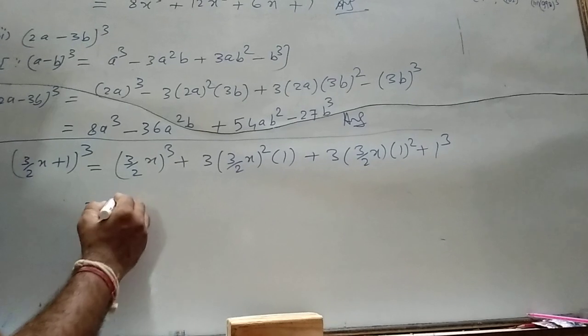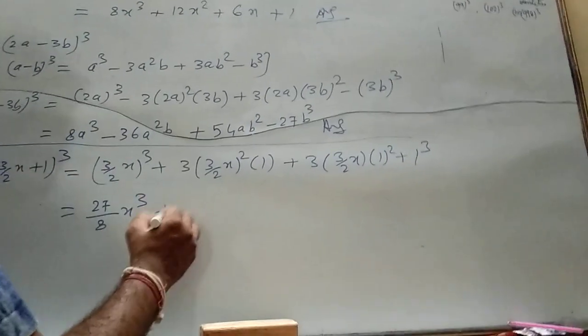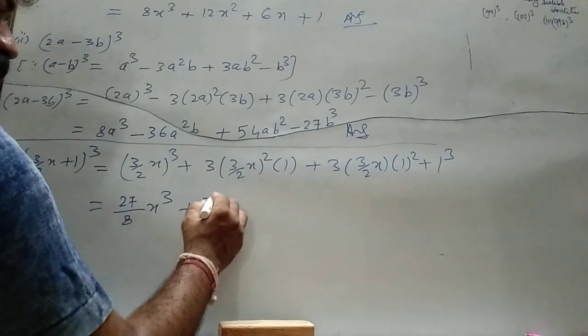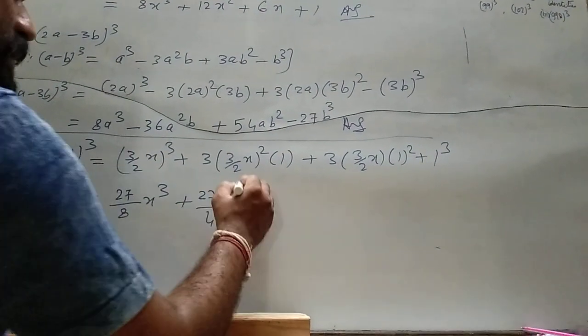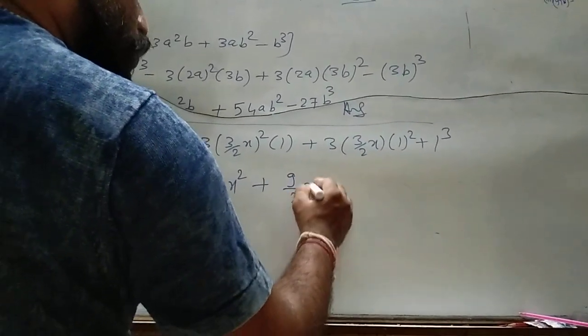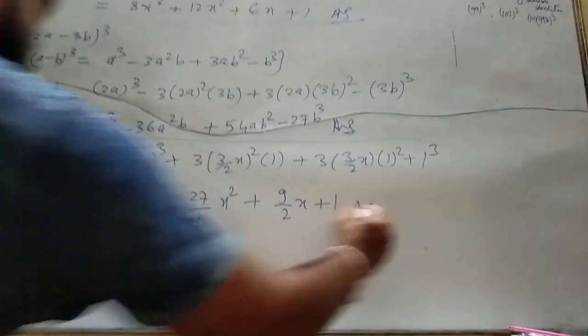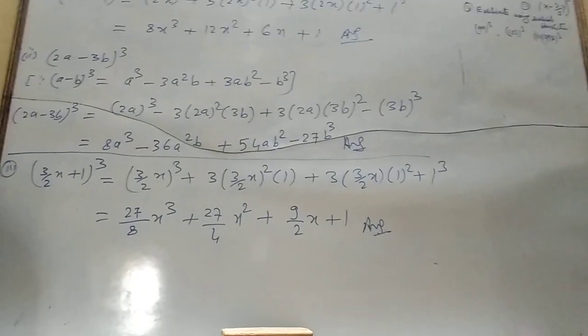Now we get 3 × 3 = 9, 9 × 3 = 27, so 27/8 x³, plus 3 × 3 = 9, 9 × 3 = 27, so 27/4 x², plus 3 × 3 = 9, so 9/2 x, plus 1. This is the answer of this question.